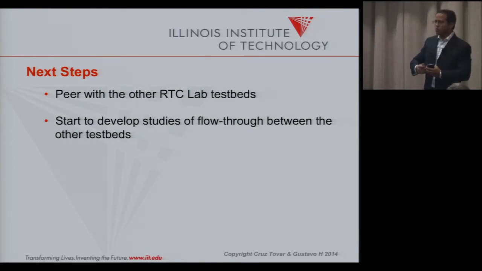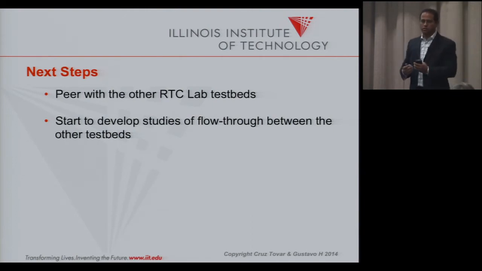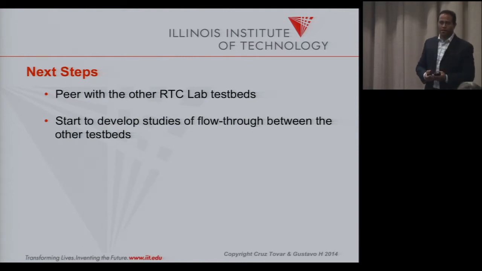We want to use our Crossroads as a way to interconnect other testbeds like BART, the Night Engine 911, and the WebRTC. So, peering with other Real-Time Communication Lab testbeds and starting to develop studies of flow-through between the other testbeds.